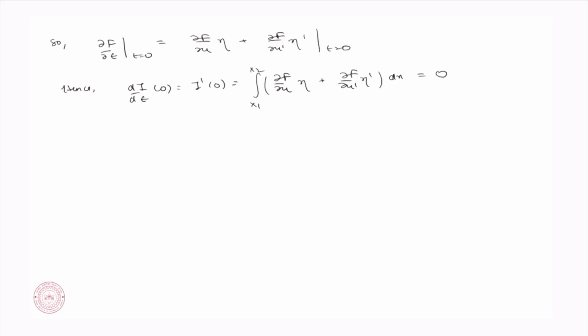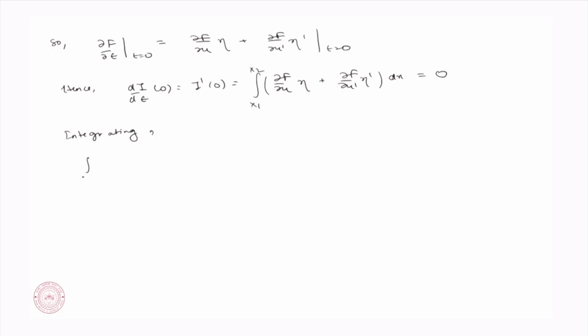Now, let us integrate. The first term can be integrated as such, and the second term you need to integrate by parts. You have a derivative with respect to u prime and you have eta prime. Okay.